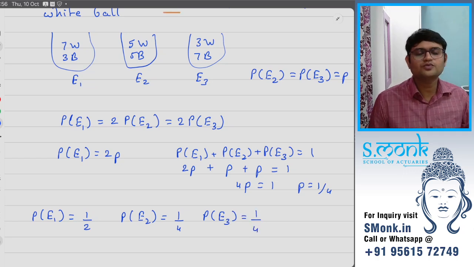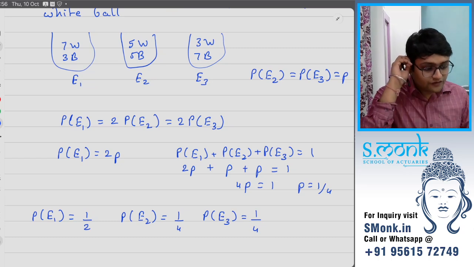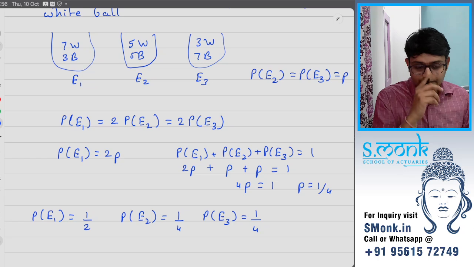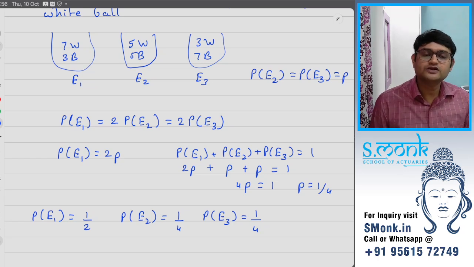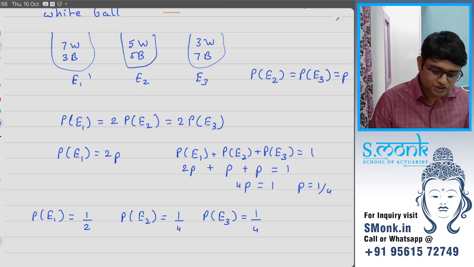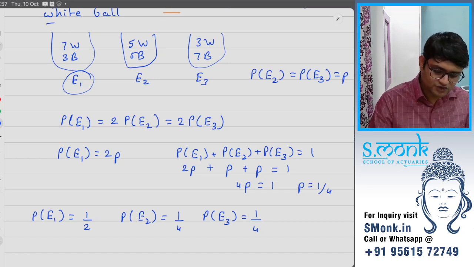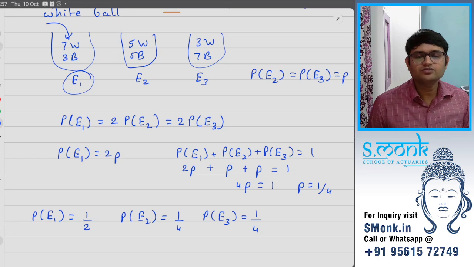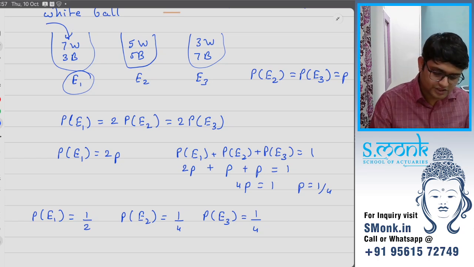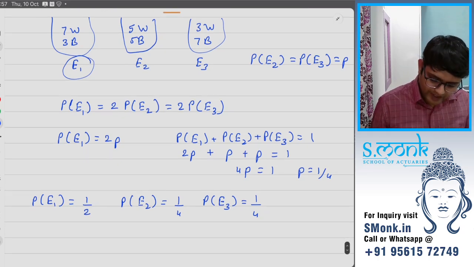So now I know the probabilities of choosing a bag. Now if I chose a particular bag, then what is the probability that I'll choose a white ball? So if I chose bag 1, the probability that I will choose a white ball would be 7 by 10, because there are total 10 balls and only 7 of them are white.